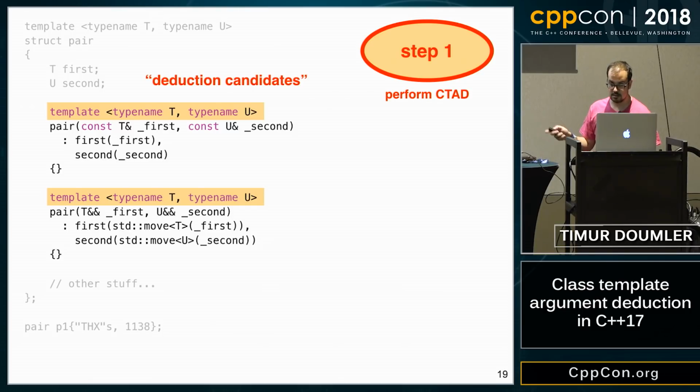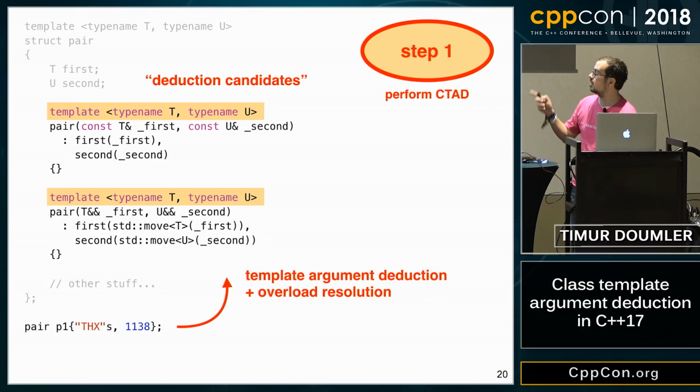With those functions, we're going to look again at the call down there, and then we're going to perform template argument deduction just the same way we always did for functions in C++98. We're also going to perform overload resolution the same way we always do for functions. And then we're hopefully going to get a match, right? So this call matches the signature of this function.